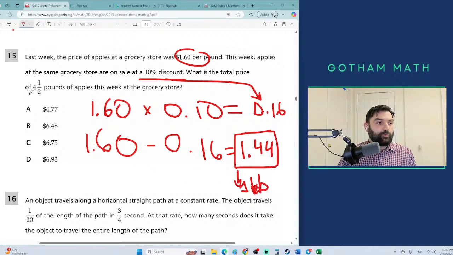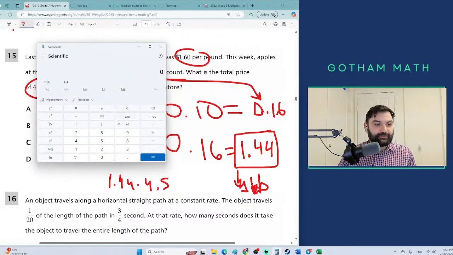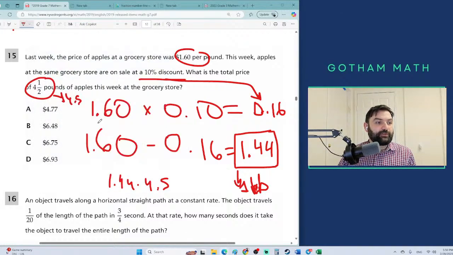And we want to buy 4.5 pounds. So all we have to do is 1.44 times 4.5. Why 4.5? Because 4.5 is 4.5. Hopefully you know that from 7th grade. Okay, so 1.44 times 4.5. Boom. 6.48. Clear as day, it is B.